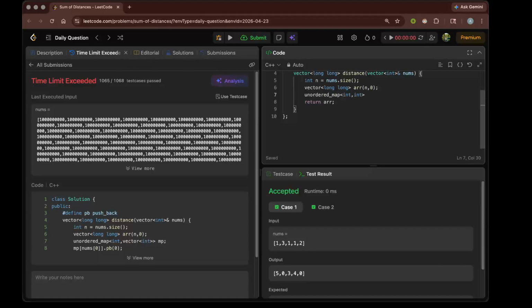We are going to store int comma tuple, int index, best can be long, and count. Okay.